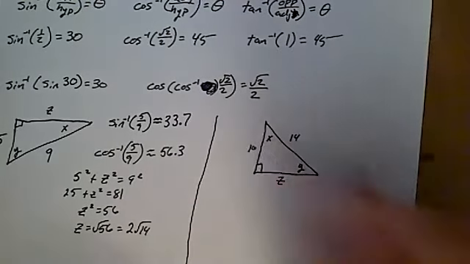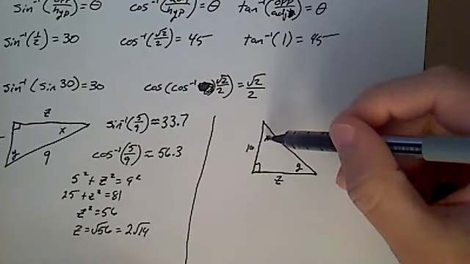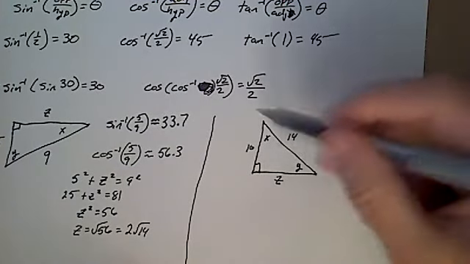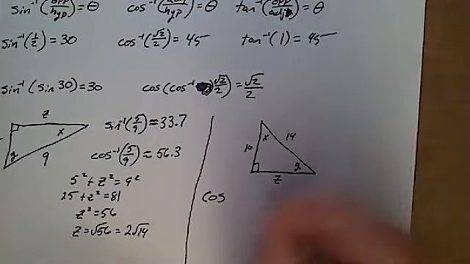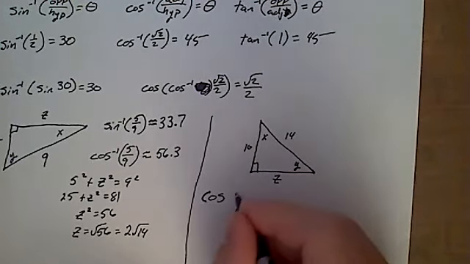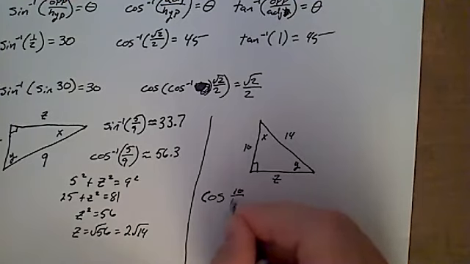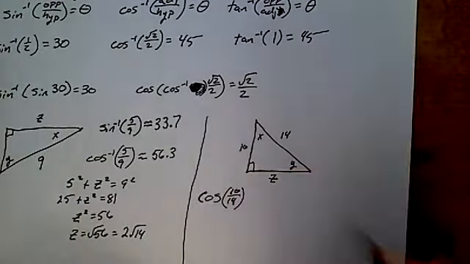You can find the side, you can find the angle. Let's do x. So we have x, 10 is the adjacent, 14 is the hypotenuse. So that is a cosine, right? Adjacent and hypotenuse go with the cosine of 10 over 14. If you wanted to call it 5/7, you could do that as well.